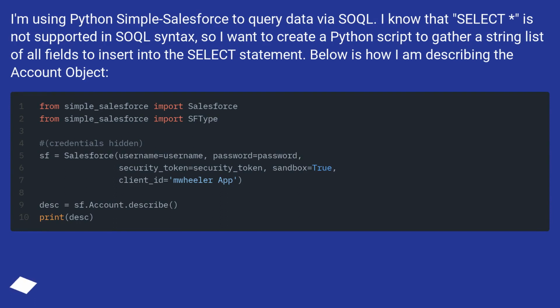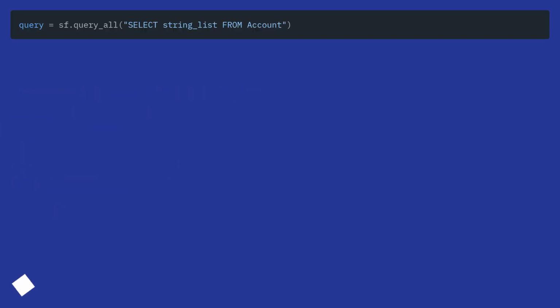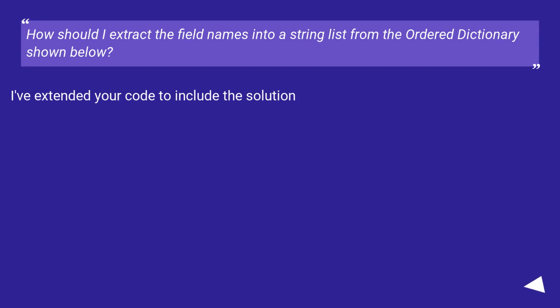Below is how I am describing the account object. How should I extract the field names into a string list from the ordered dictionary shown below?